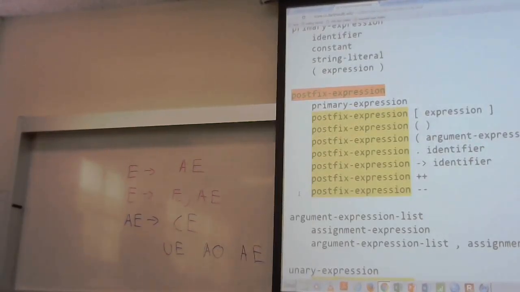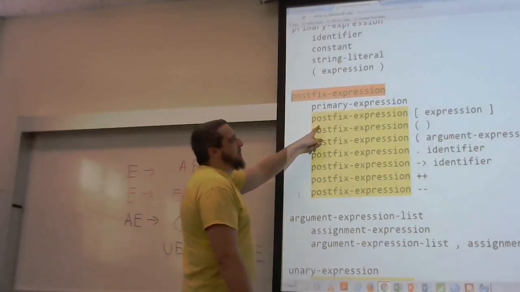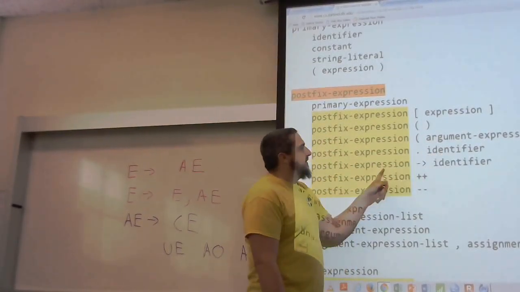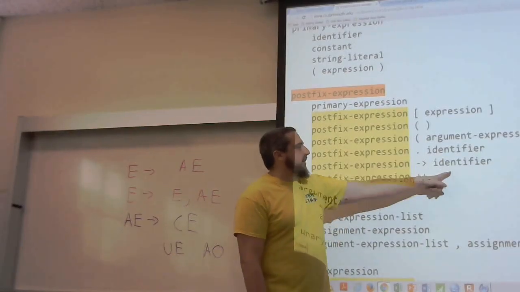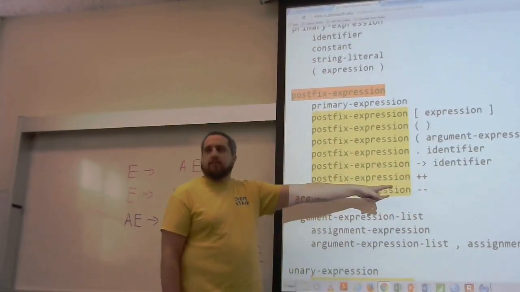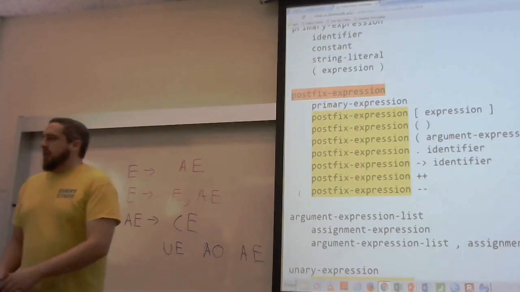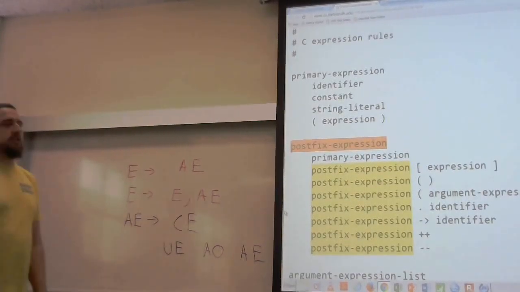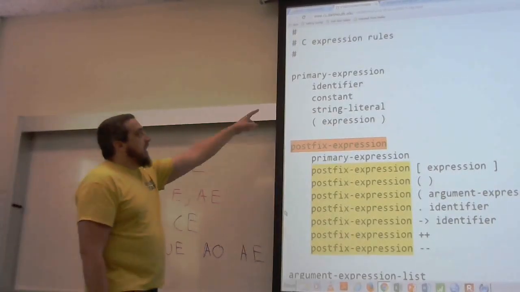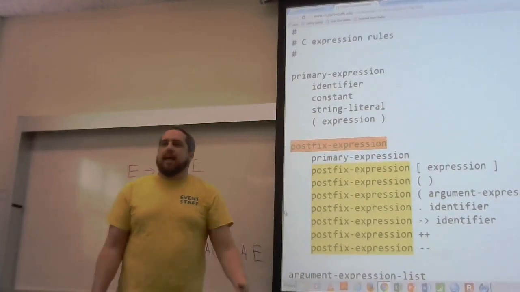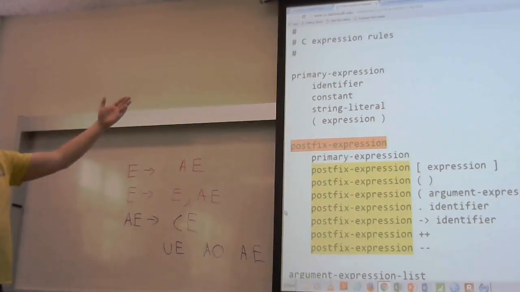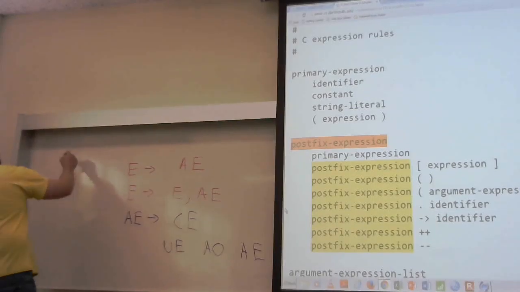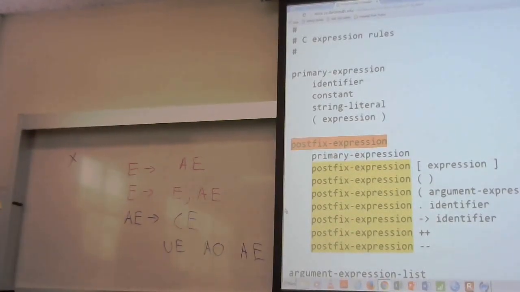So a postfix expression is a primary expression, or a postfix expression with calling a function with an argument list inside of it, or a dot identifier, or an arrow identifier, or a plus plus, or a minus minus. So primary expressions are identifiers, constants, string literals, and expressions. And so the identifier, for example, x, is a primary expression. So when we see the letter x, that's an identifier.